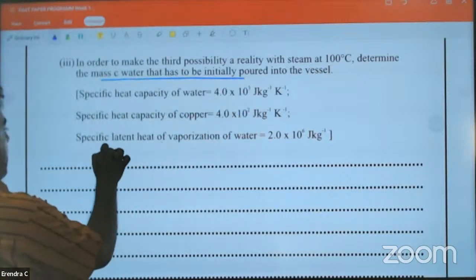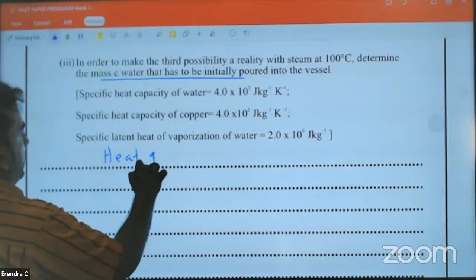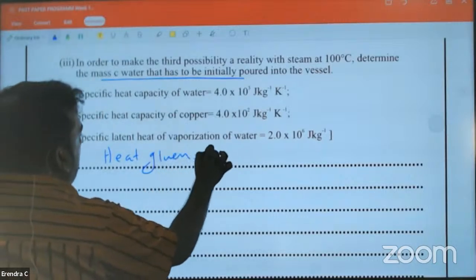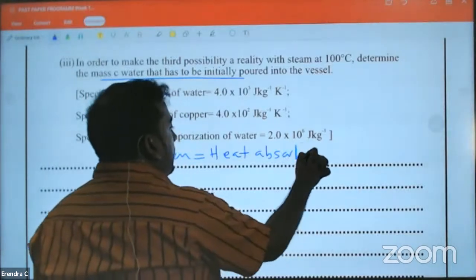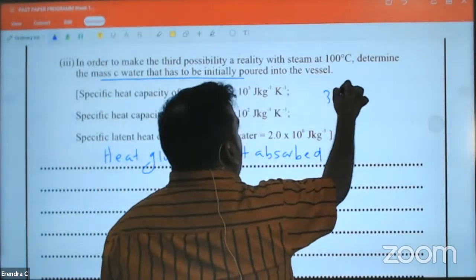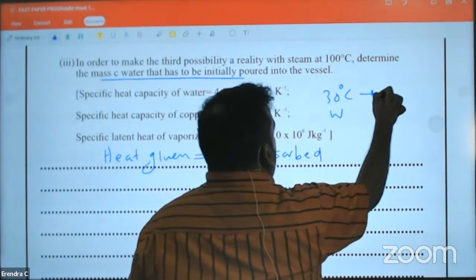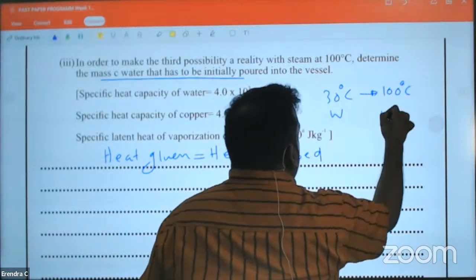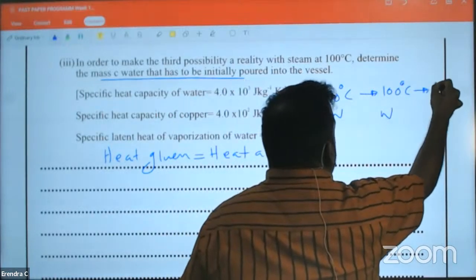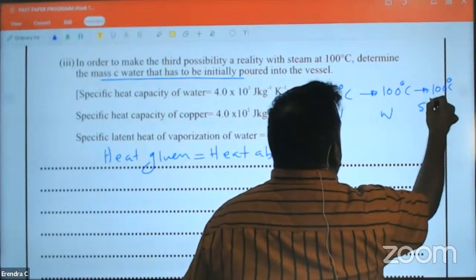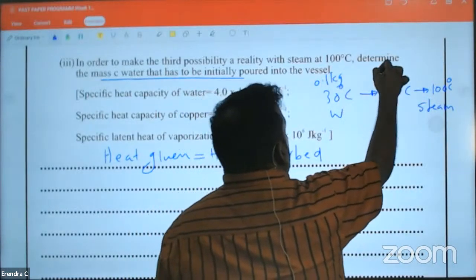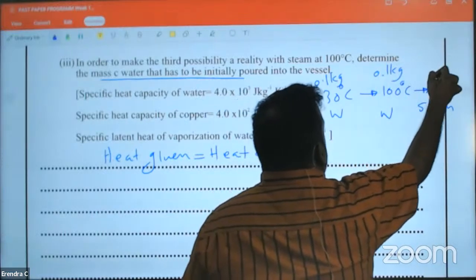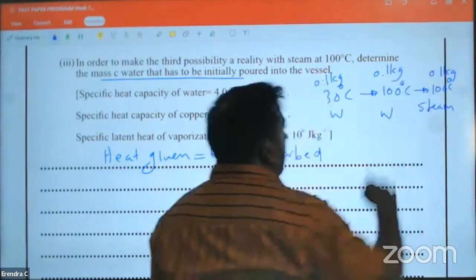So, right. Heat given equals heat absorbed. What is happening? Water at 30 degrees Celsius becomes water at 100 degrees Celsius, and completely becomes steam at 100 degrees Celsius. Complete mass, 0.1 kilogram. Everything becomes steam.